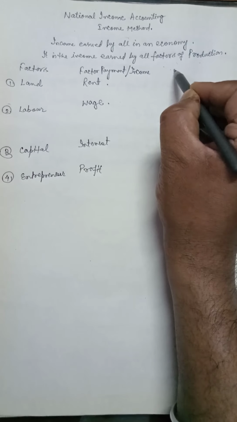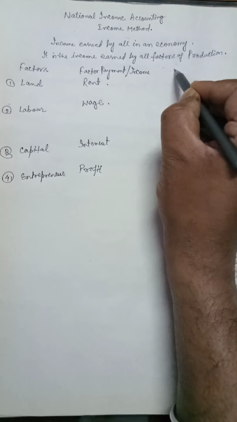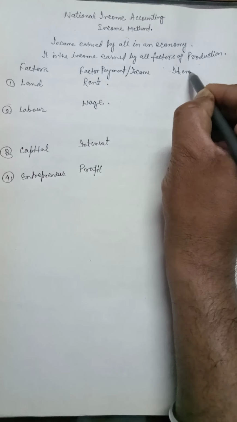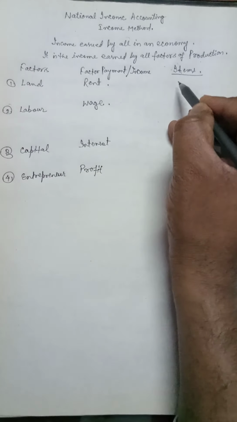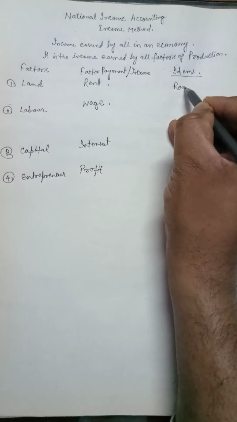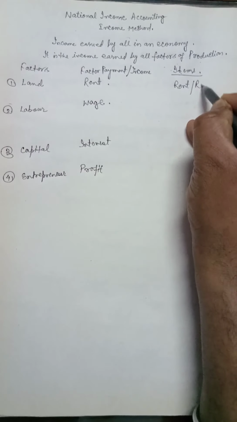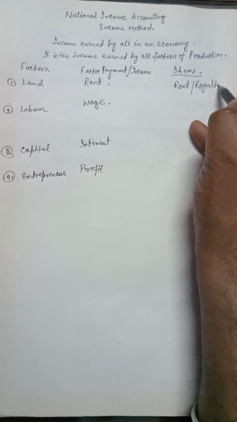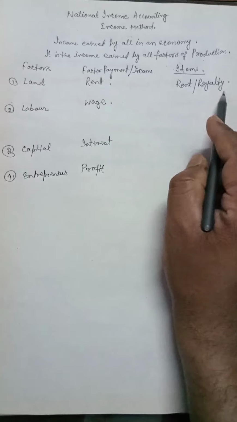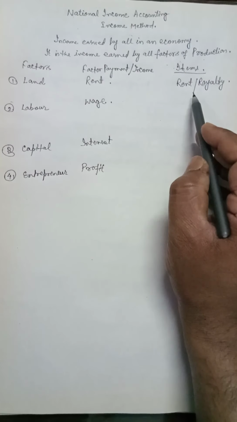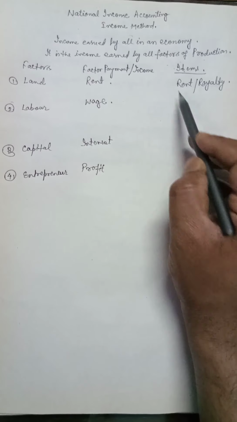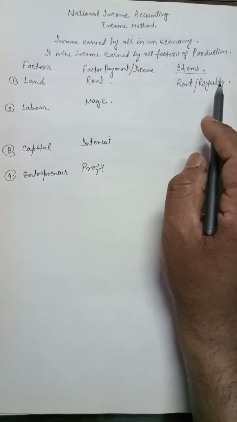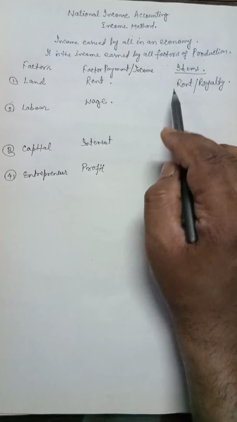The items which are included in national income accounting: rent will be clubbed as rent and royalty. When we call it rent, we are counting rent and royalty together, then only we can include it in national income.